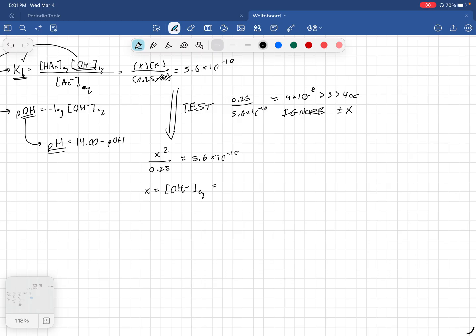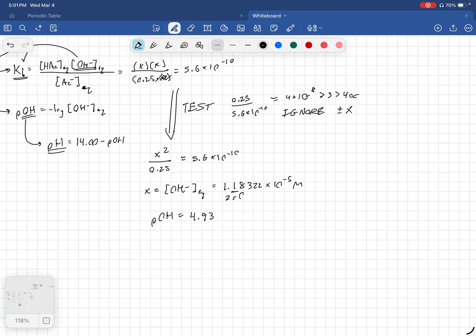So we take our 5.6 times 10 to the negative 10th, we multiply it by 0.25, we take the square root of that, and we get, unrounded, 1.18322 times 10 to the negative 5th moles per liter. If we take the negative log of that, which gives us the pOH, that would be 4.93 for the pOH.